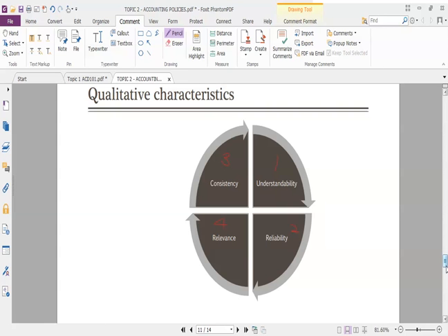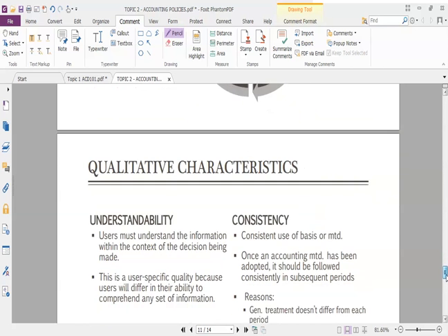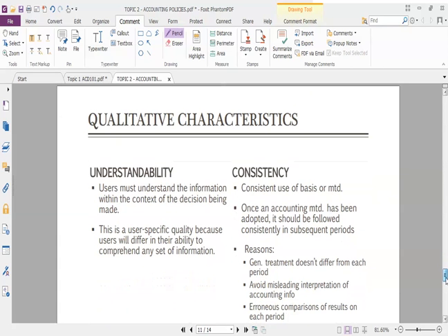Accounting should have qualitative characteristics, that is understandability, reliability, consistency, and relevance. Such as understandability: the user must understand. It means that the financial statement you prepare must be understood by the user, so that the user can easily make a decision. It is a user-specific quality, because users differ in their ability.